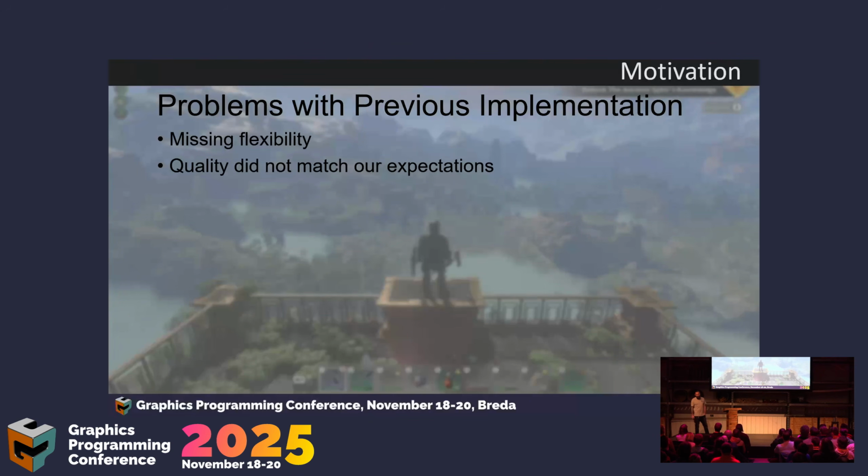Unfortunately, the previous implementation had some problems. We had plans to use the voxel fog for dynamic effects like low-hanging clouds or dynamic shrouds. The previous implementation used a static representation for the far field and was not flexible enough for us. And even if the performance was good, the image quality did not match our expectations.